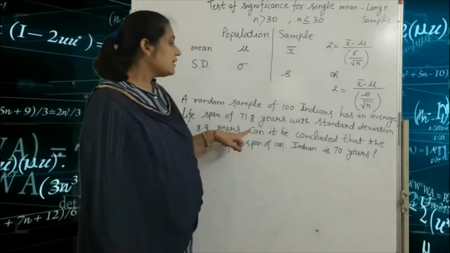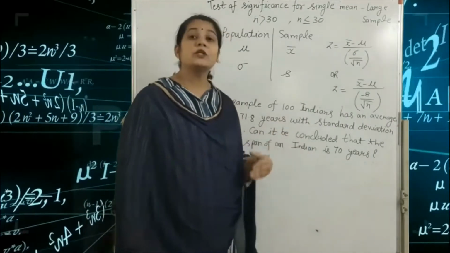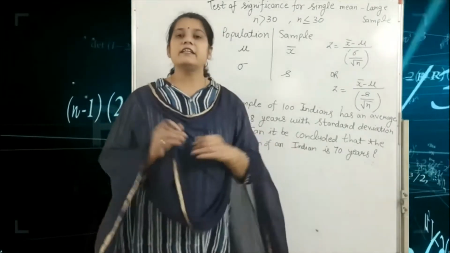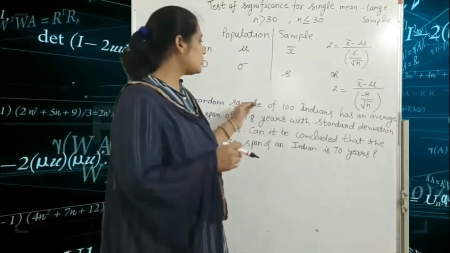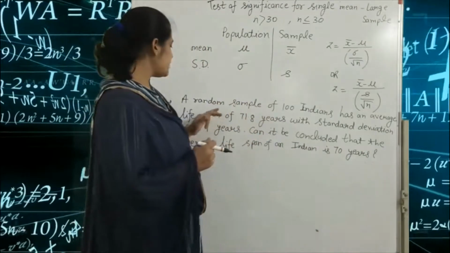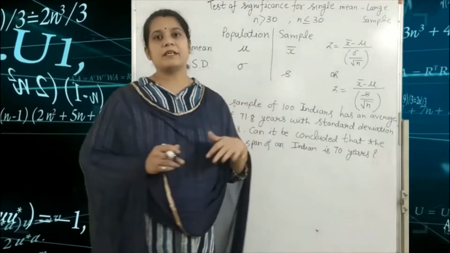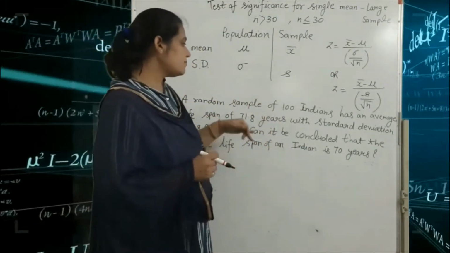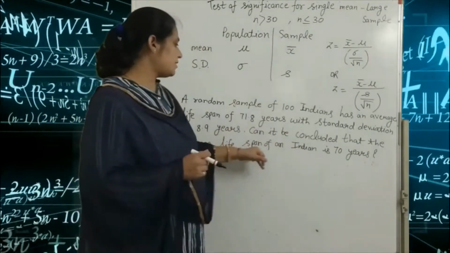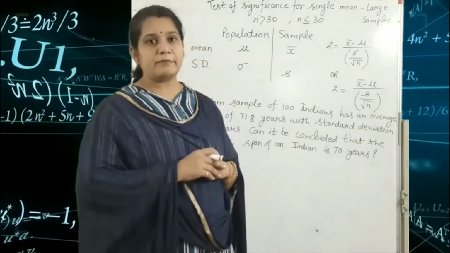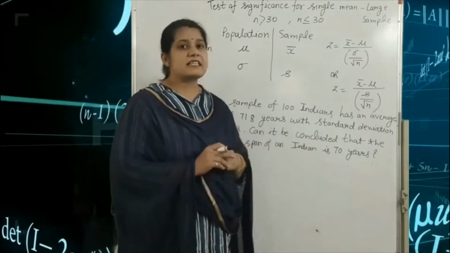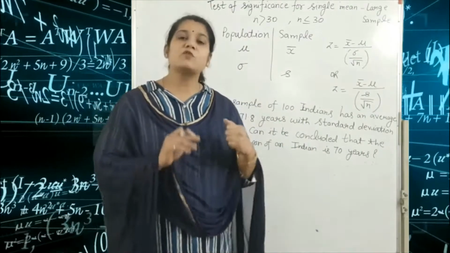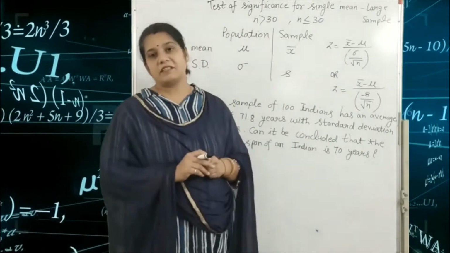Next, can it be concluded that the average lifespan of an Indian is 70 years? According to the sample, the average lifespan of an Indian is 71.8. Our hypothesis is whether it can be concluded that the average lifespan of an Indian is 70 years. That means 70 years is the average according to our population, so mu is equal to 70 years.